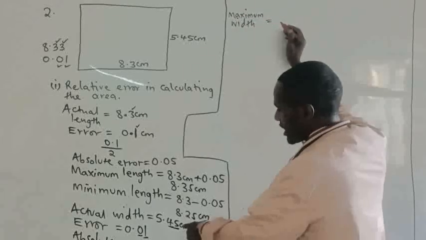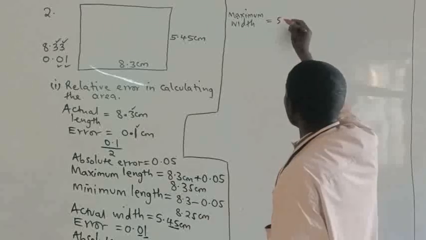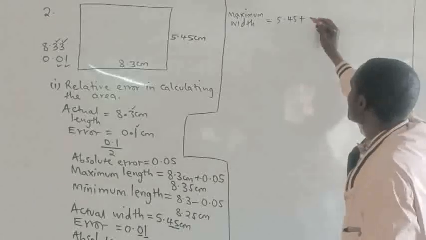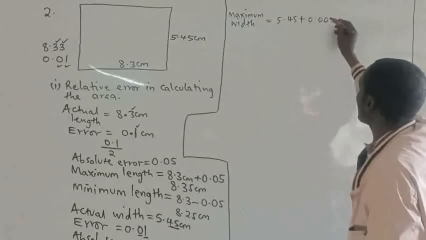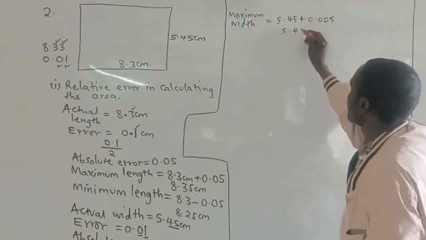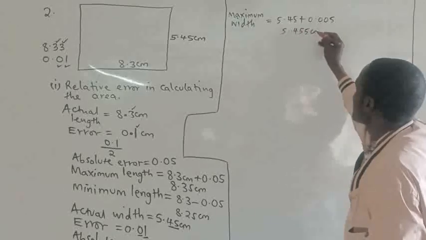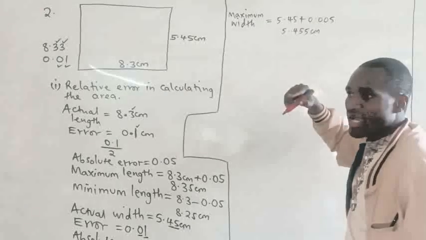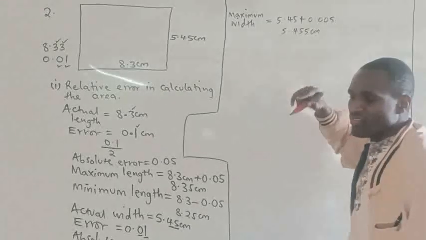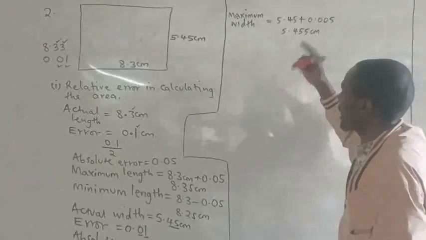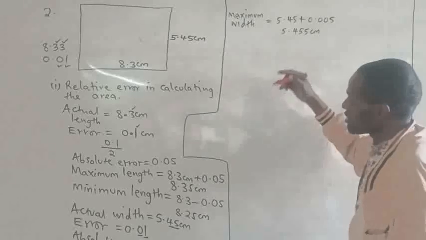I'm going to pick the initial or the actual width, which is 5.45. Then I add to this the absolute error, which is 0.005. So that translates into 5.455 centimeters. That becomes our maximum width if an overestimation is done, or if an error is made positively in terms of having a bigger value than the actual value given in the question.